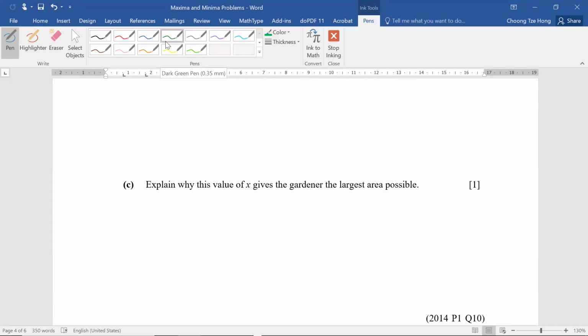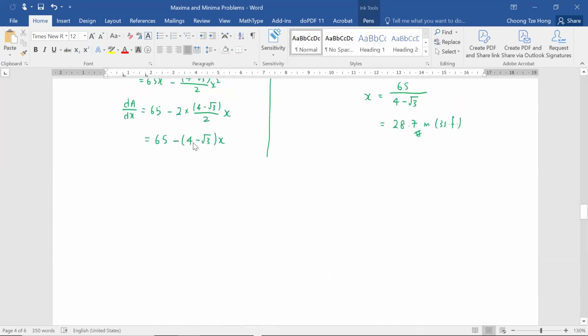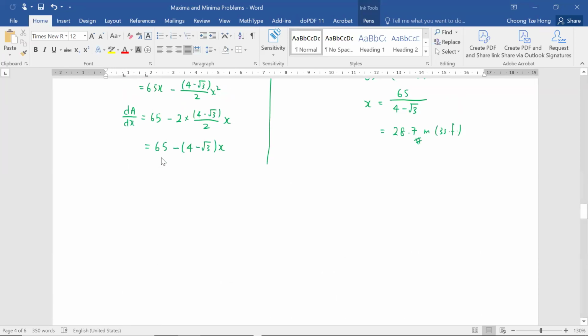Now they want us to find out whether this value of x is a maximum or minimum value. To do that, we can use two methods: either the first derivative test or the second derivative test. But in this case, if you look at the dA/dx, it's actually very easy to differentiate one more time to get d2A/dx squared.